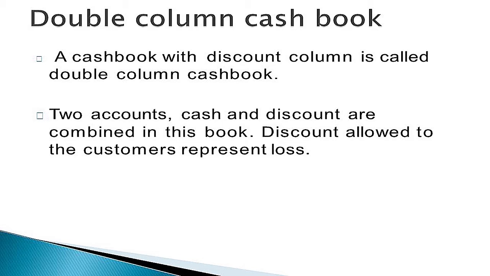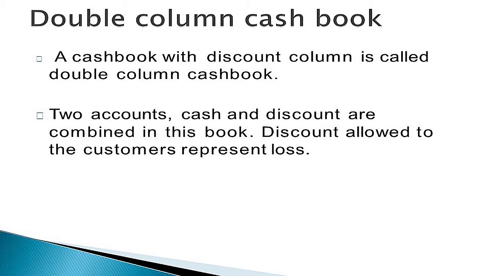Okay. Both the discount as well as the cash amount. We open separate columns for discount received and discount allowed. Discount allowed is debit and discount received is credit. So in the double column cash book, one additional column to the amount column is the discount column.